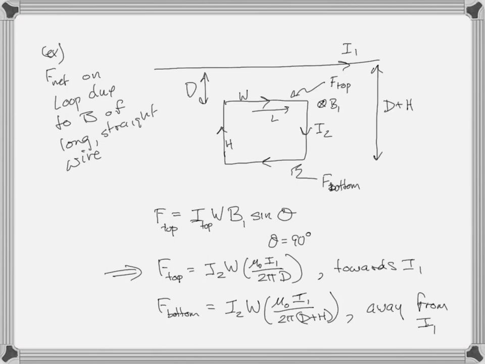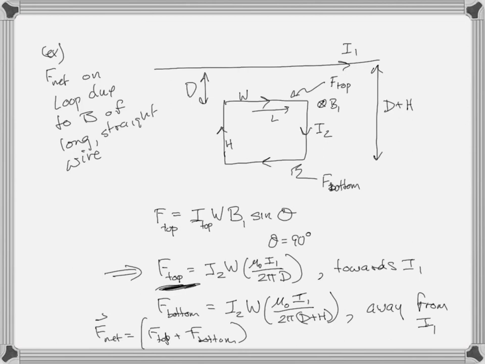So in order to figure out the net force, we can just do F top minus F bottom. F net is F top minus F bottom, because they're in opposite directions. It's plus a negative F bottom. Because the top one is bigger, the net force is going to be towards the wire.